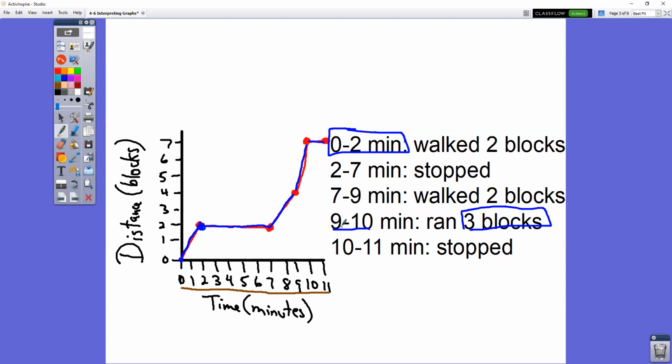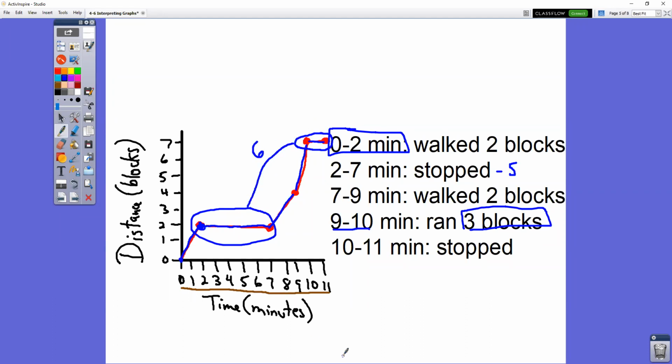As he stops to rest, he's not covering any distance. So a typical question might say, for how many total minutes was he stopped? Well, he was stopped for 5 minutes here, and then he was stopped for 1 minute here. So how many total minutes was he stopped for?